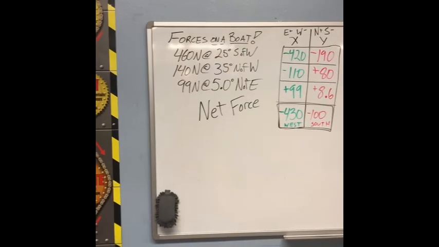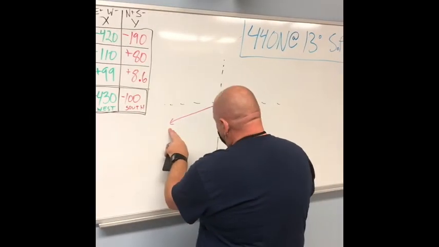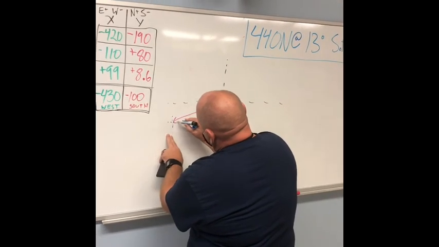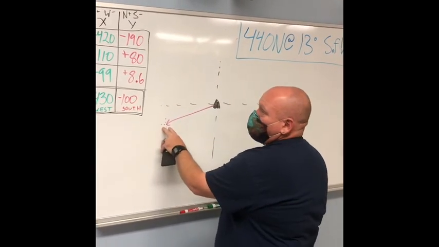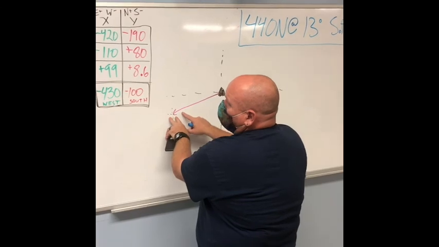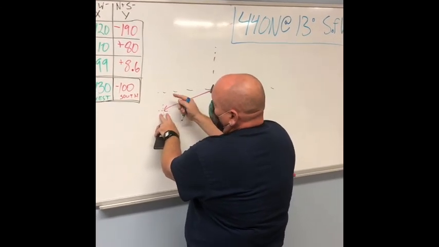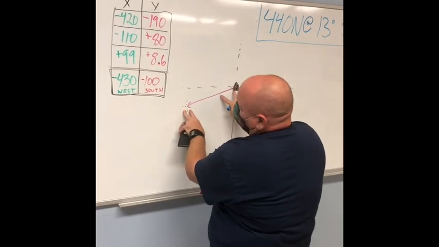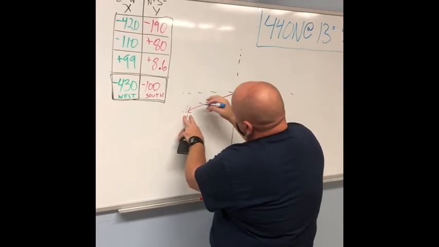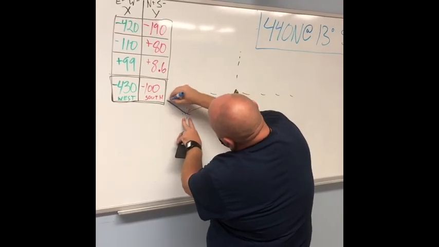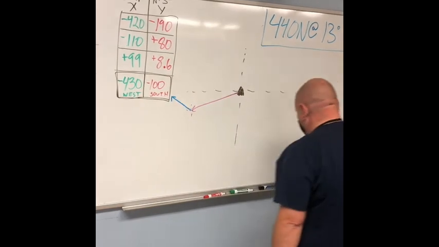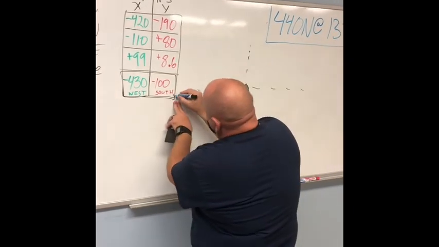Next one, 140, and now I'm going to come out here, because this is how I would solve it graphically if I was going to do that. 140 newtons, 35 degrees north of west, and it's about a third of that. And then I'm out here, because I'm adding this tip to tail.